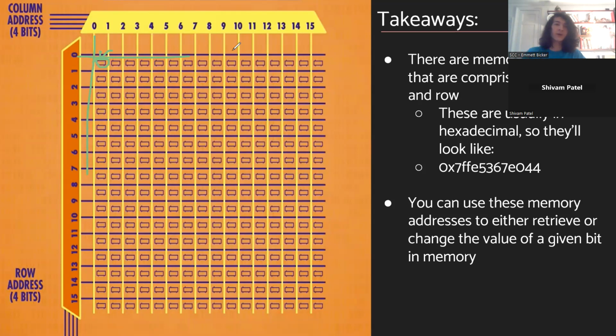After I flick it on or off, I can leave it there. I can stop transmitting electricity through those wires, and then I can move to another bit and do the same thing. So basically, this is a bunch of long-term memory, where I can index into it and flick on the bits. Does that make sense?